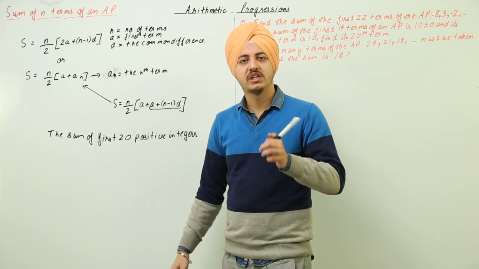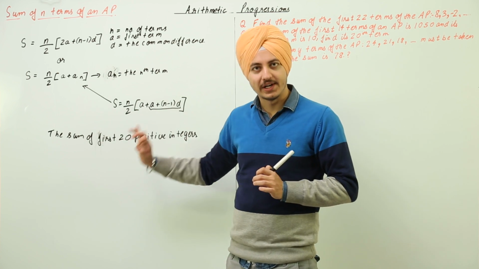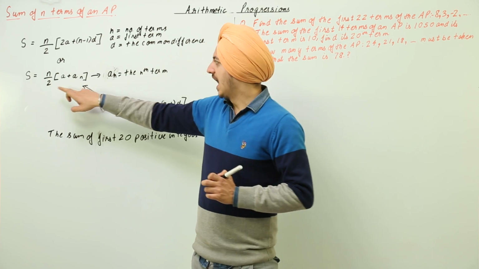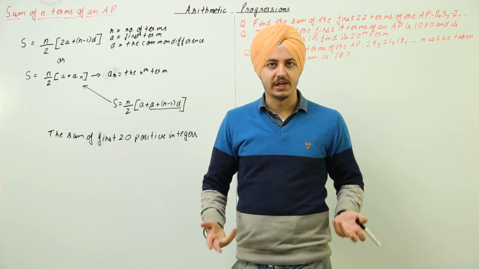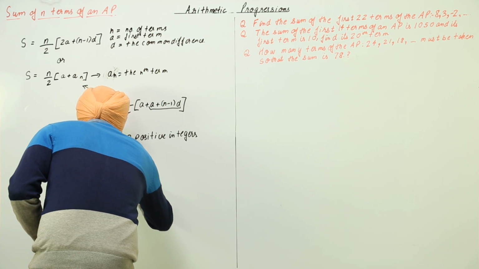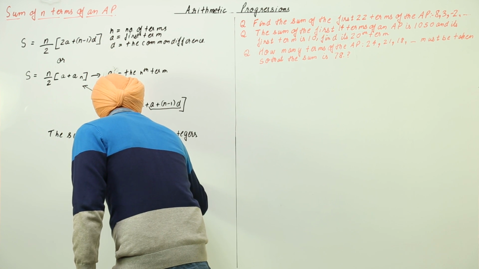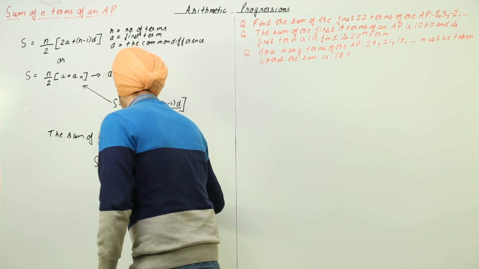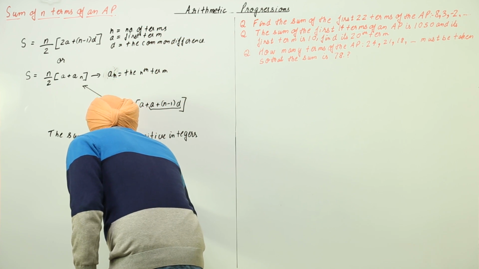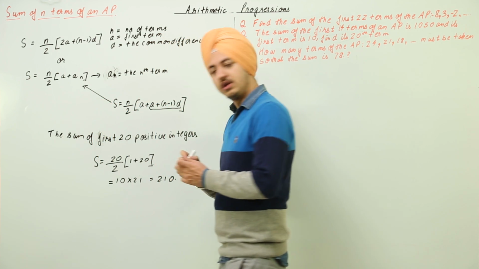First of all, we know that the positive integers start from 1 and the 20th would be 20, correct? So we know the first, that is 1, we know the 20th, that is 20, and we know the value of n, that is again 20. So S would be equal to 20 by 2, correct, into 1 plus 20. Okay, so this sum over here will be equal to 10 into 21, which is equal to 210, right?